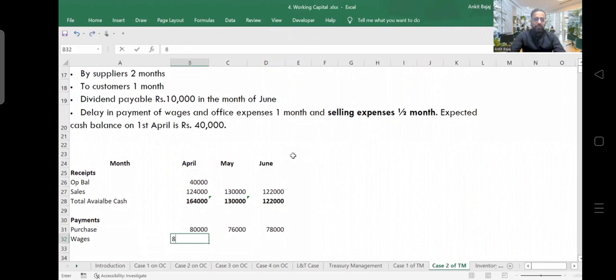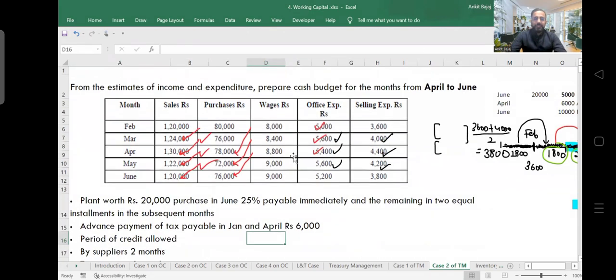Wages 8,400, 8,800 and 9,000. Next is office expenses.